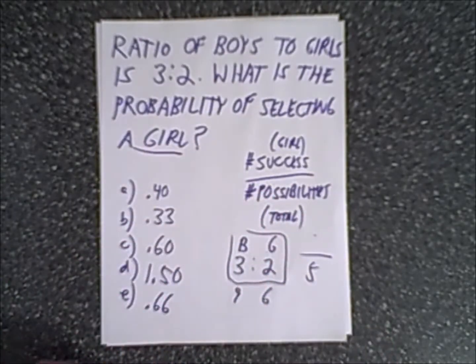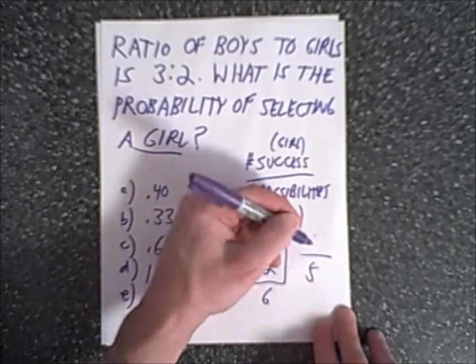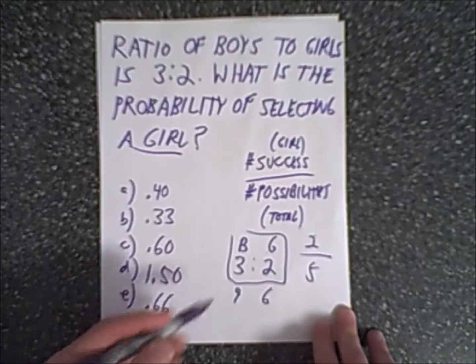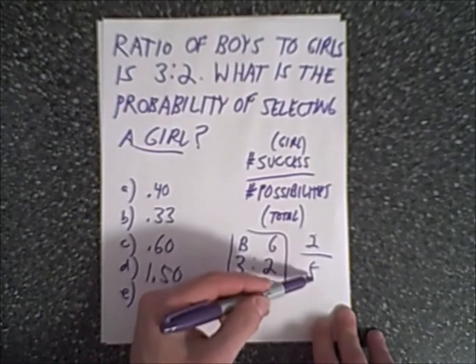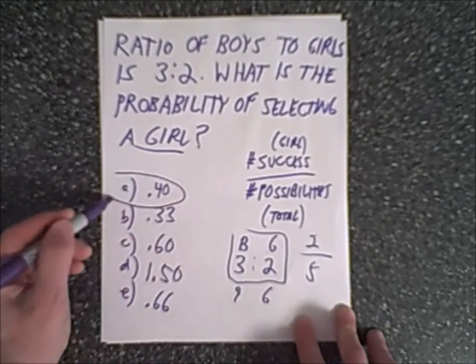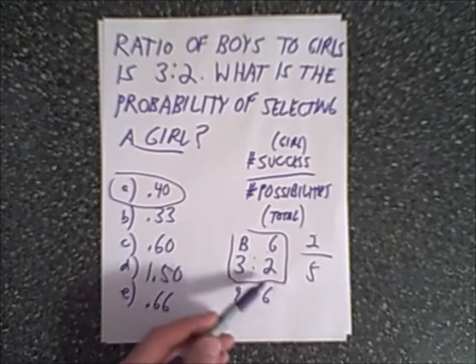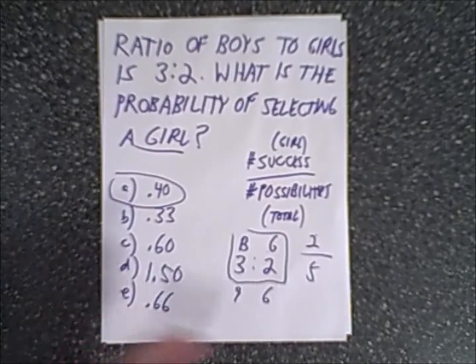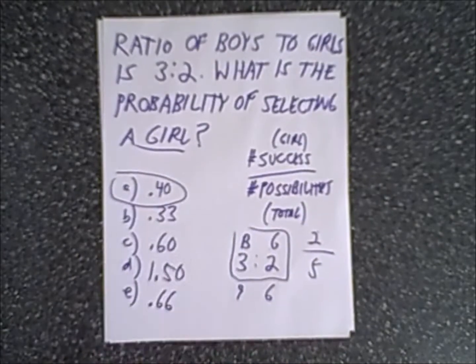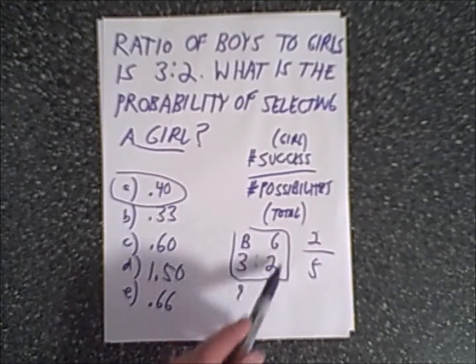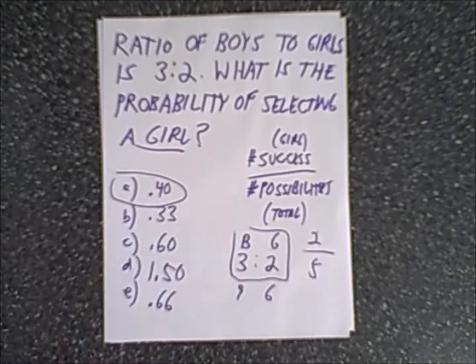And how many girls could we pick from? We could pick 2 girls out of that, which would give us 2 out of 5, which is 40%. So again, the 3:2 is a ratio of how many to how many, but the probability we're searching for is the chance that we pick a girl out of these 5. 2 out of 5 would be 40%. So our answer would be A.